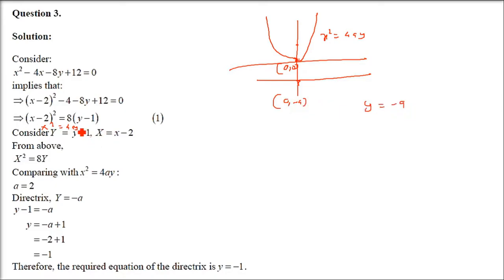Basically, y is equal to minus a. What is y? Y minus 1. Y minus 1 equals minus a, but we don't know a. So let us find out a. Compare 8 with 4a. So a will be 2. So y minus 1 equals minus 2. 1 will go here. 1 minus 2 is minus 1. So y equals minus 1. So y plus 1 equals 0. This is the directrix.